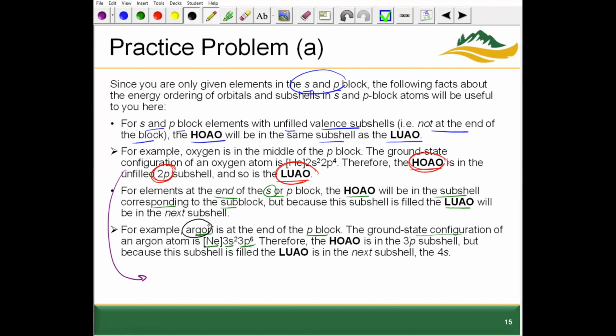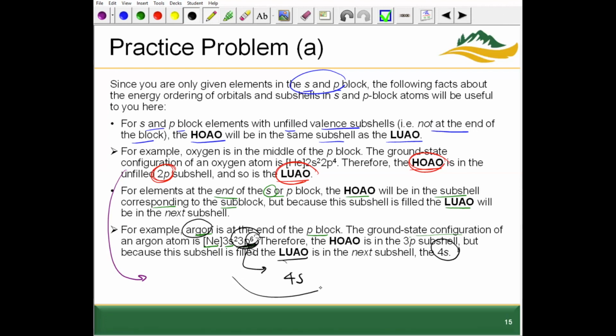So for argon, we can't add any more electrons in the 3p subshell because it's already filled. That means the lowest unoccupied atomic orbital needs to go up an energy level. After 3p comes 4s, so if we're adding on an electron, it has to be in the 4s subshell, again, because the 3p is already filled with those 6 electrons.